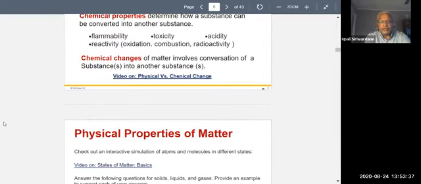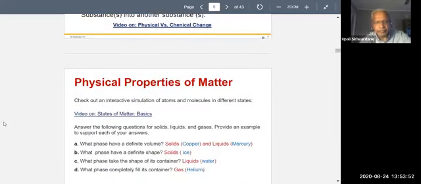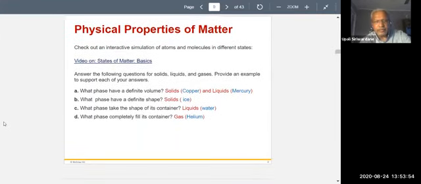Chemical change always involves change in the substance of matter. Another new substance is created. You can watch the video on physical and chemical change to answer a few questions.